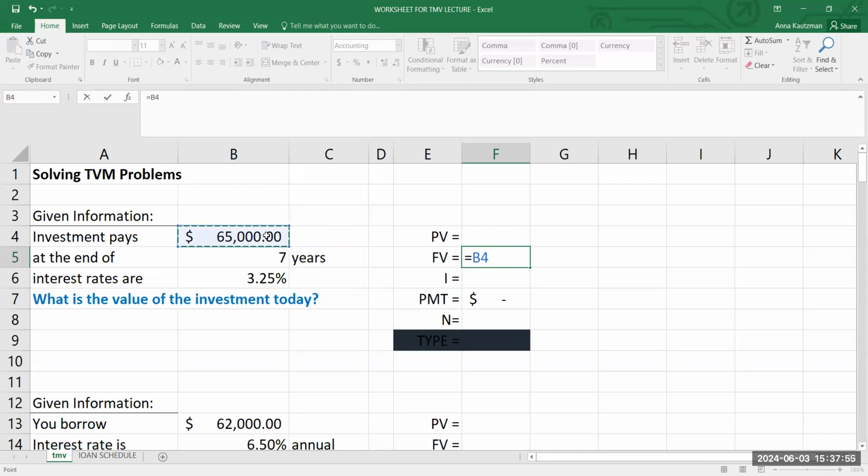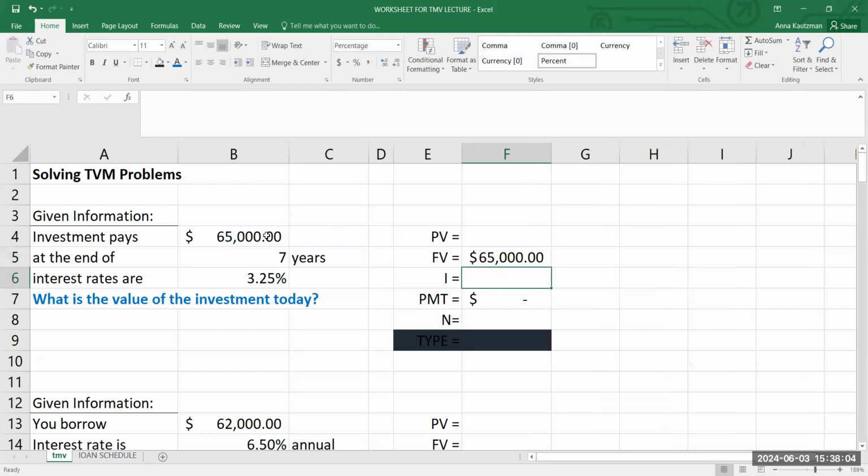Please note, I am using what's called cell references. I've typed the information once, proofread it to make sure it was correct, and now all I'm doing is using a cell reference to pull that information over. The 7 years is our N or N per, number of time periods.